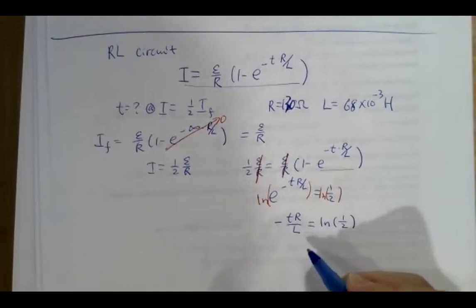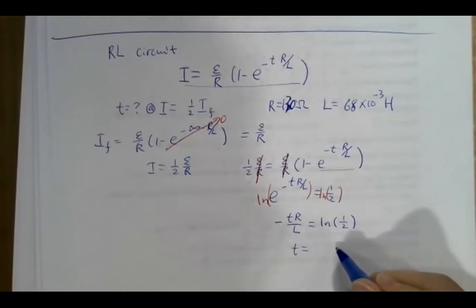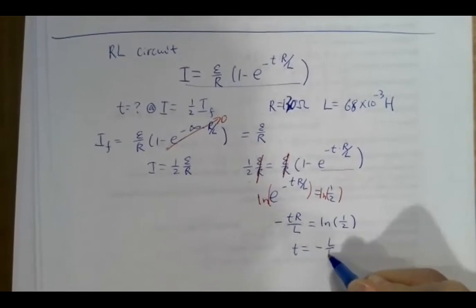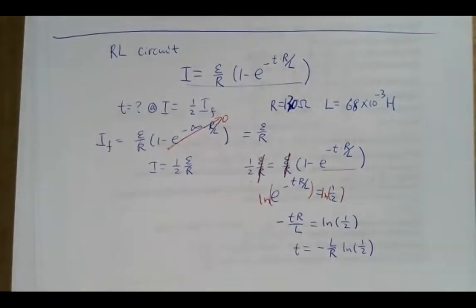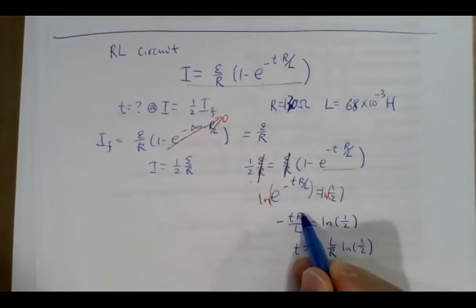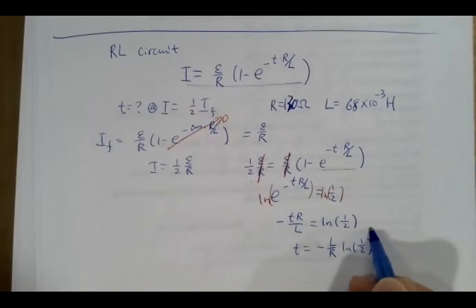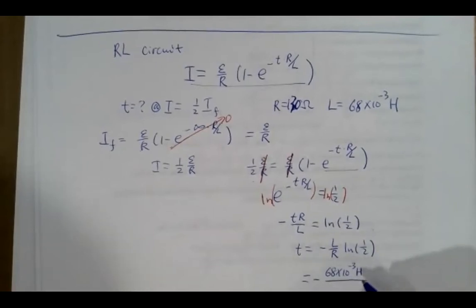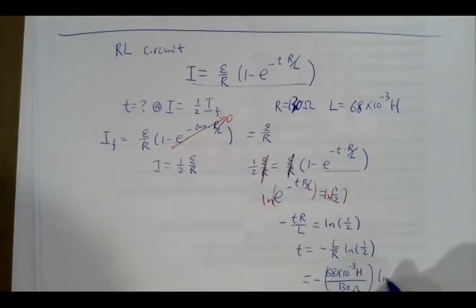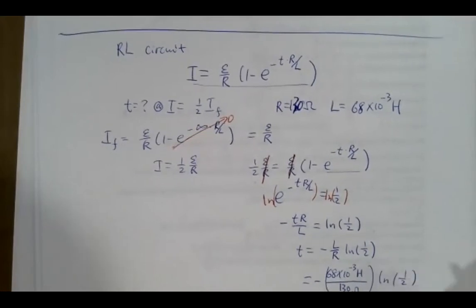Then you can rearrange your terms to get t. t will be equal to minus L over R times the natural log of 1/2. Okay, so basically to isolate t, move this R over L to the other side of the equation and it becomes L over R. Okay. So then minus, you can put in your numbers now: 68 times 10 to the minus 3 in the unit of Henry, H. R is 130 ohms, and natural log of 1/2.